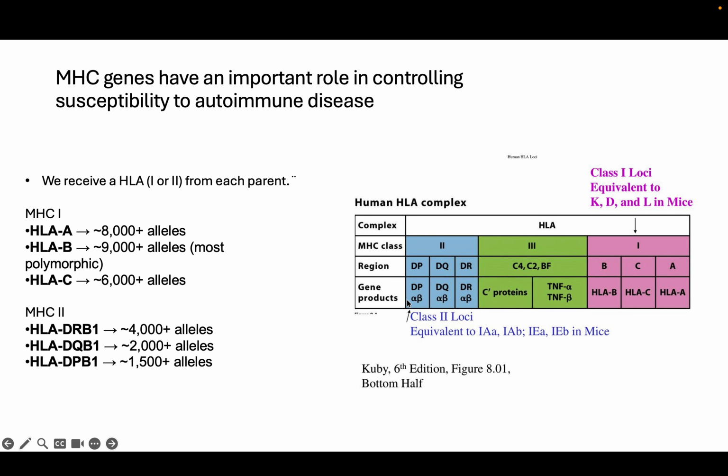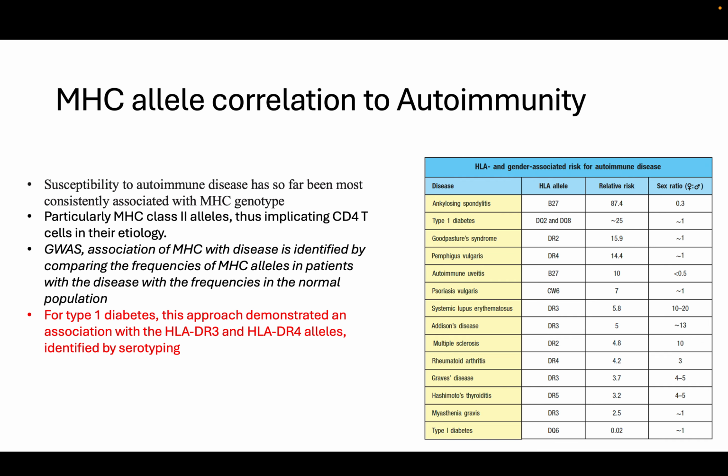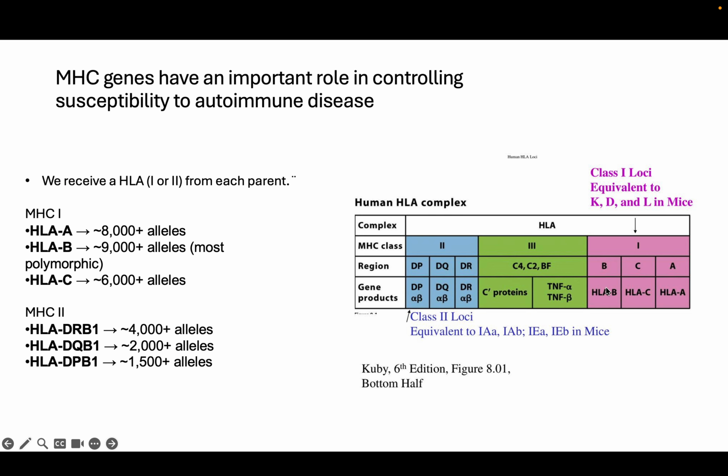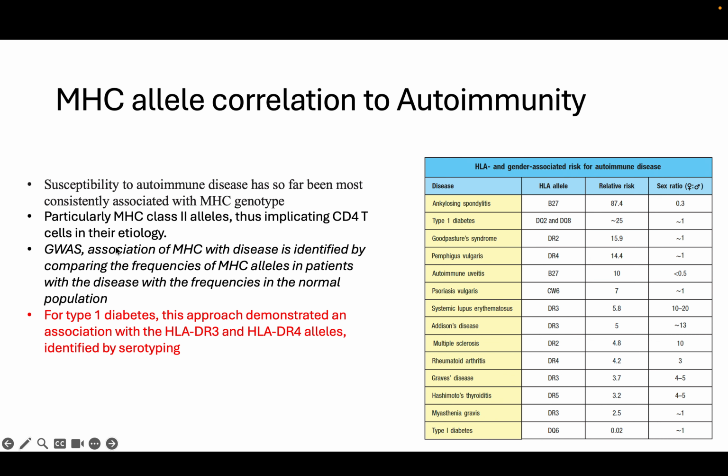The same thing goes for MHC2. MHC2 is made of alpha and beta chains coming from the DP, DQ, and DR genes, and we have multiple types of them. What's super interesting is that certain people with certain HLA genes, for example B27, meaning HLA-B number 27, have an increased risk of ankylosing spondylitis.